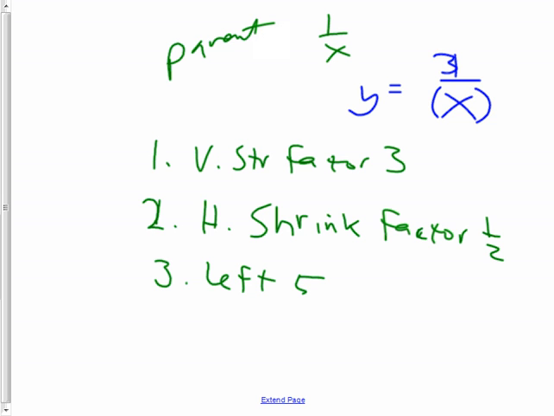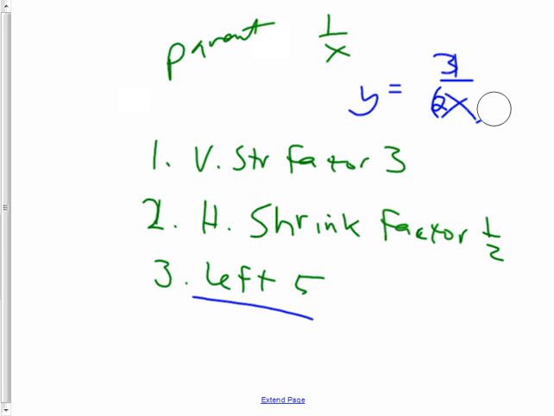So in here with the x then, we want to have a shrink factor of 1/2. Don't put a 1/2. You put a 2. Okay? Because that's counterintuitive in there, and it seems like it'd make it twice as wide, but it actually makes it half, and therefore a shrink factor of 1/2 is really a 2 when you're on the inside.